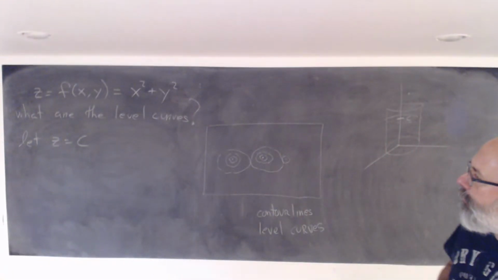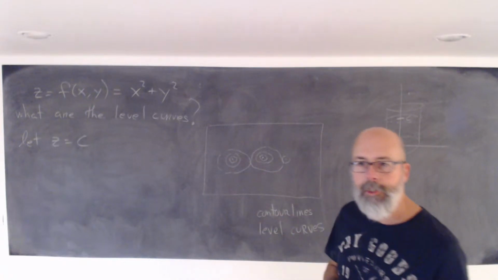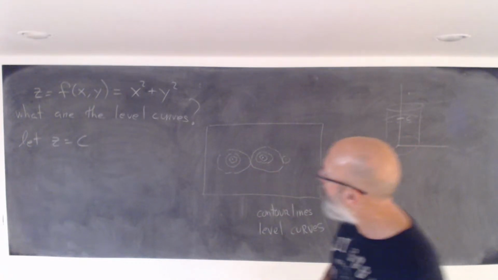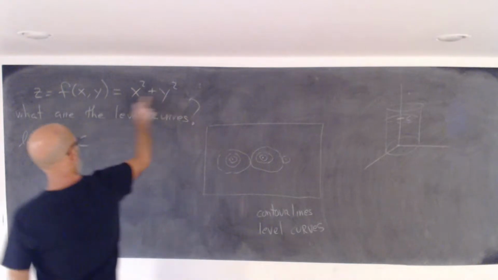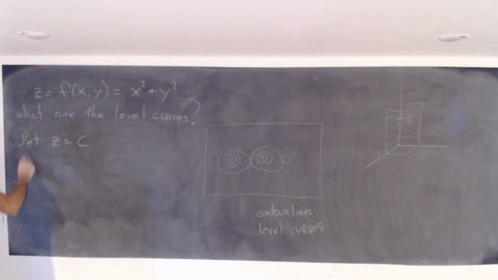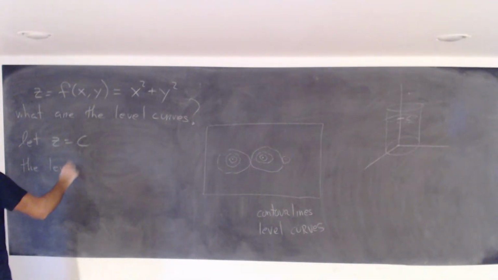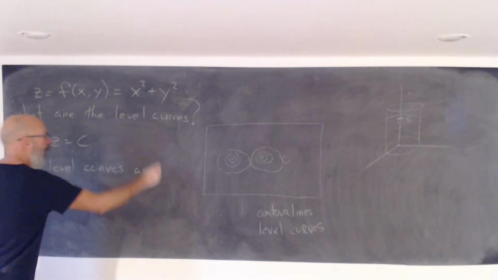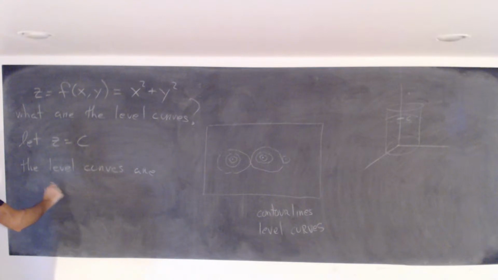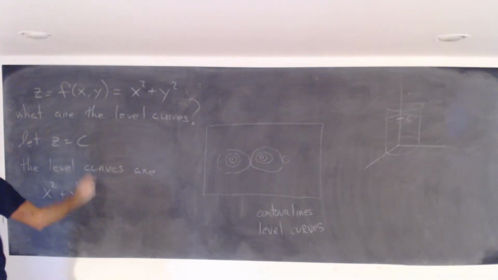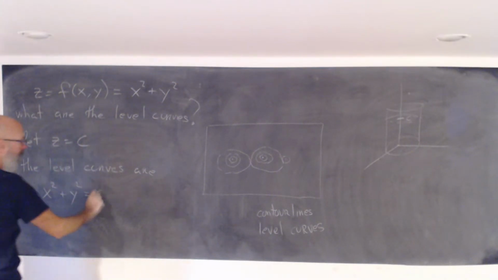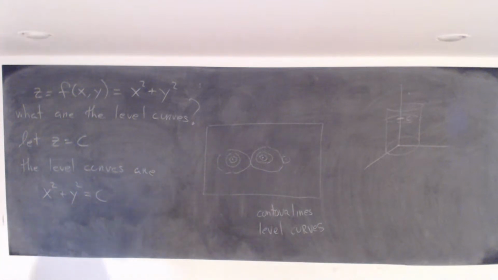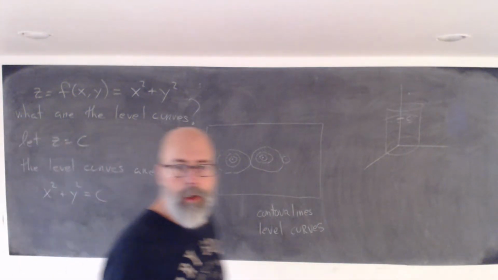Let z be a fixed constant. The level curves are the family x squared plus y squared equals z, or x squared plus y squared equals c.